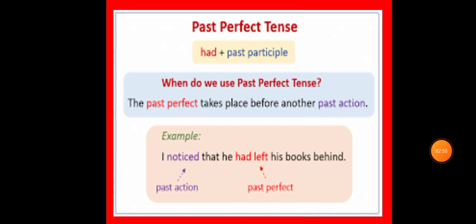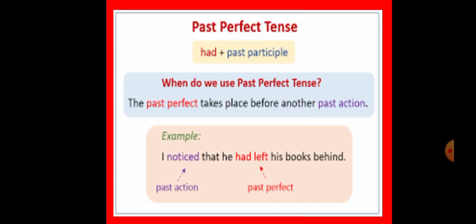The past perfect tense can be used to talk about an action that took place in the past before a specific point of time or another past action. It is formed by adding had to the past participle form of verb.